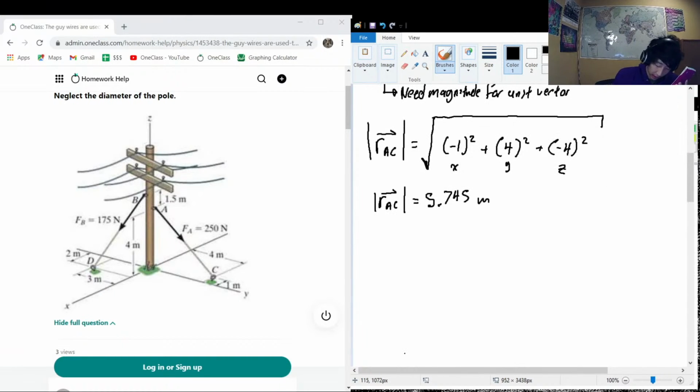Okay, so if we want to get our unit vector for AC, we would just do our RAC vector divided by the magnitude of RAC.